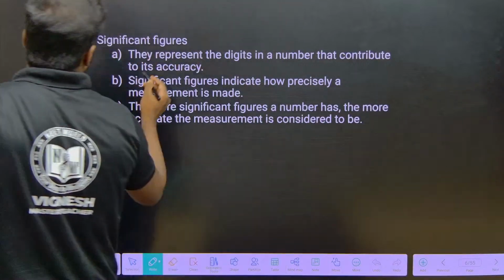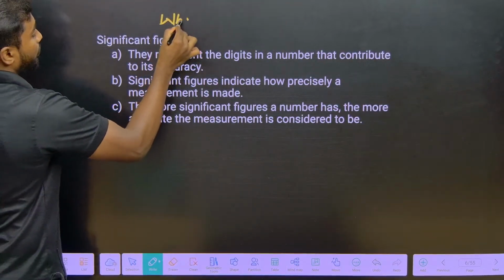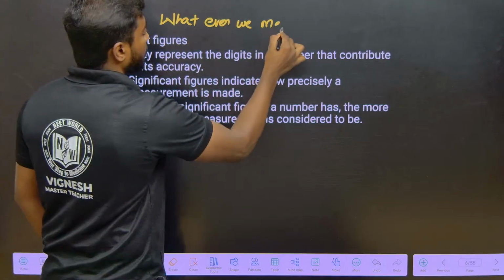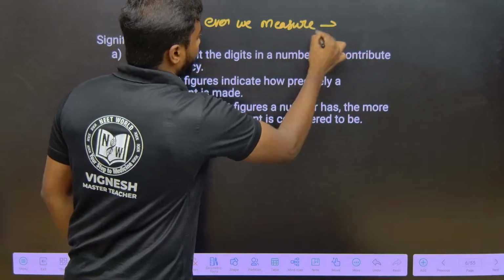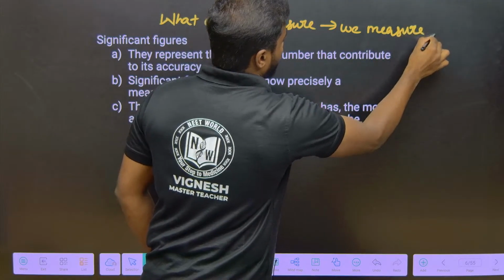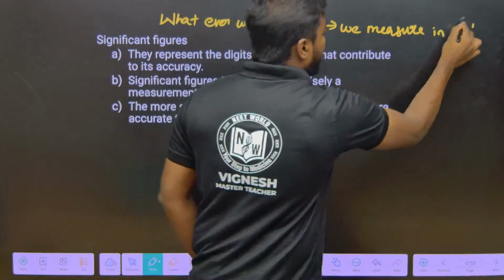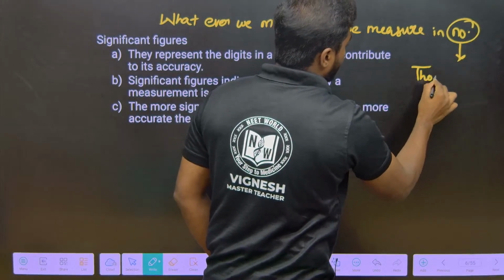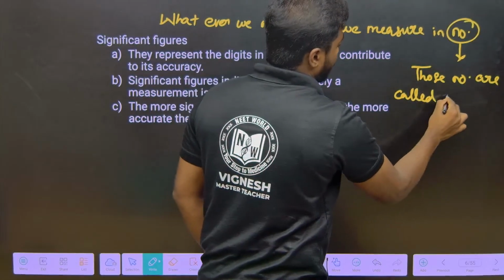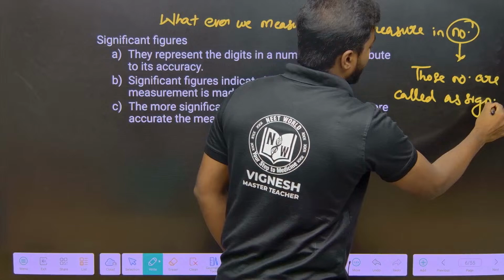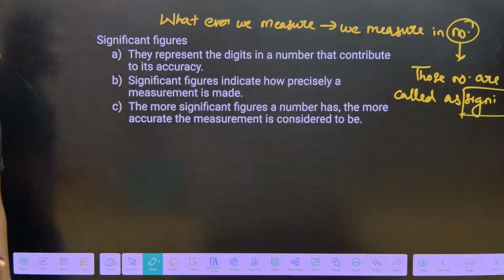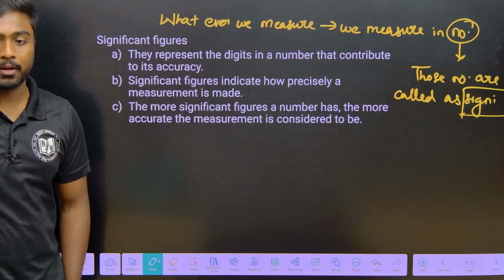Okay, understood? So whatever number we are measuring, those numbers are called significant numbers.